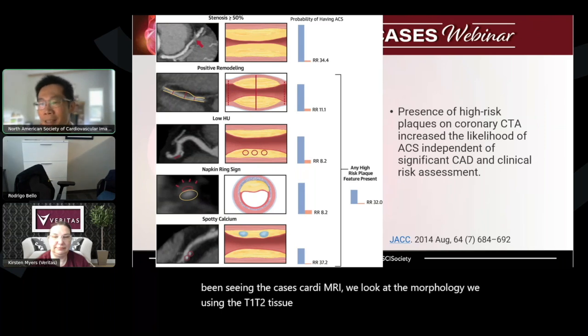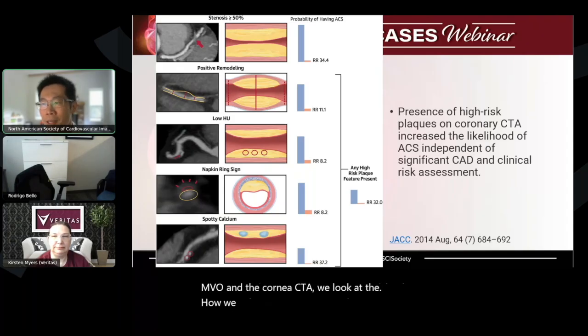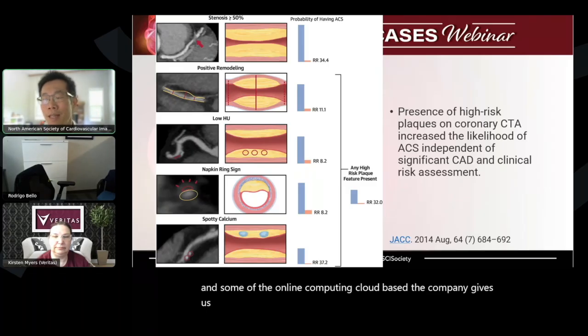We looked at the non-ischemic pattern and the ischemic pattern on LGE, and reviewed MVO. For coronary CTA, we looked at different ways to view it and reviewed the high risk features. We also utilized FFRCT, and the online cloud-based computing company gives us more information than just eyeballing it.